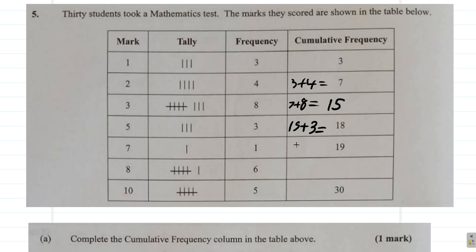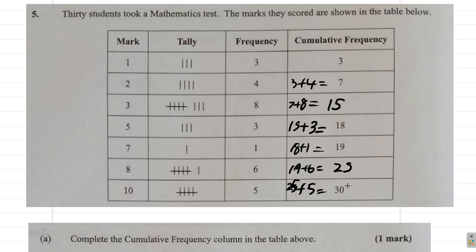Then the 18 plus 1 gives 19. And 19 plus 6 is 25. And the 25 plus the 5 here, 25 plus 5 equals 30.